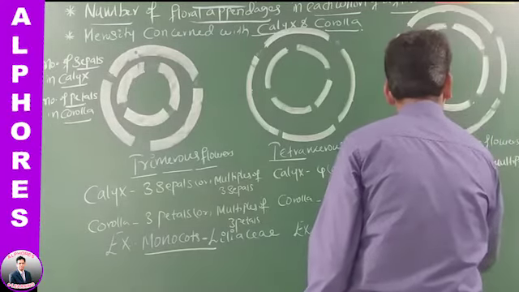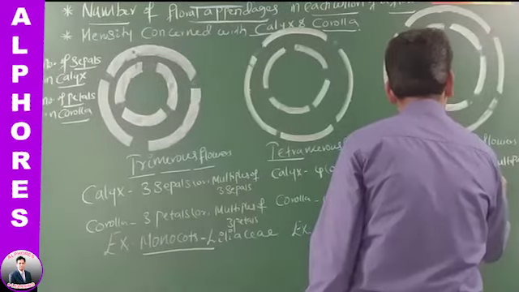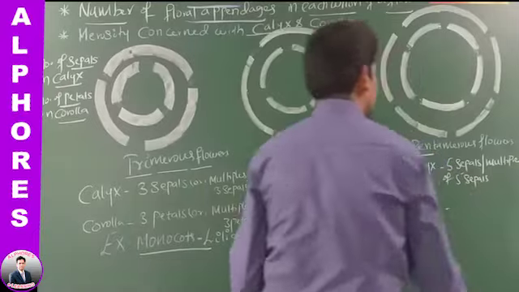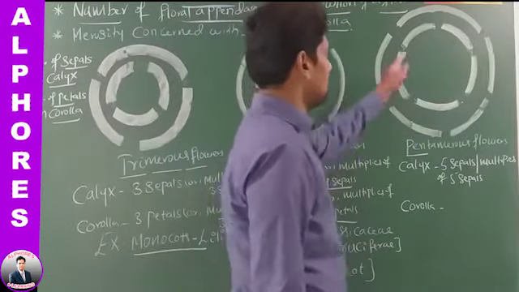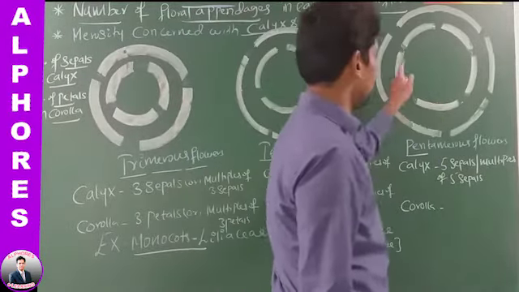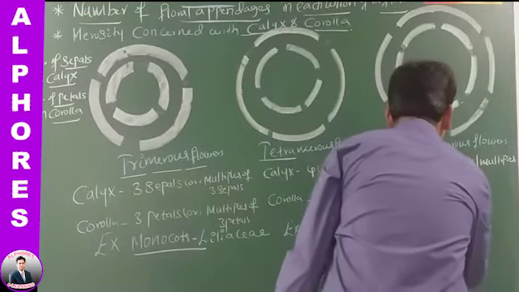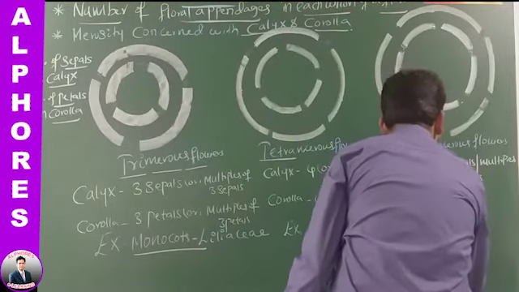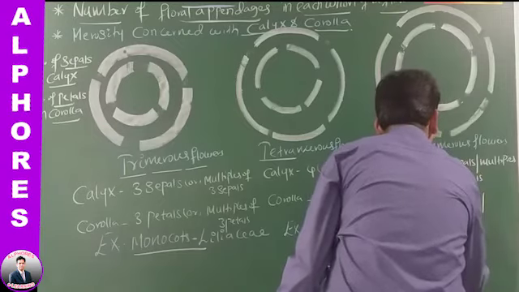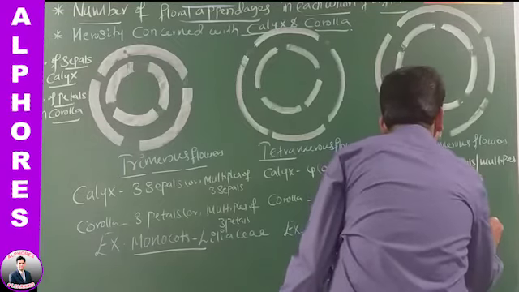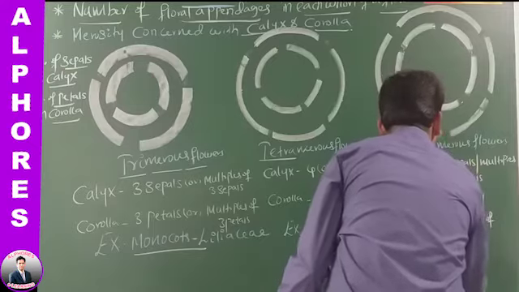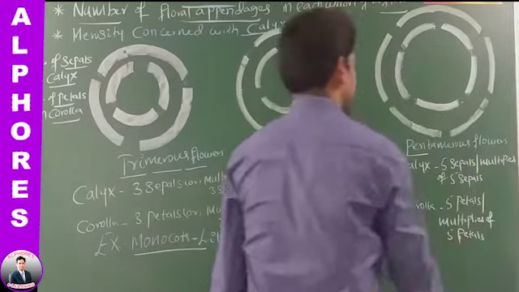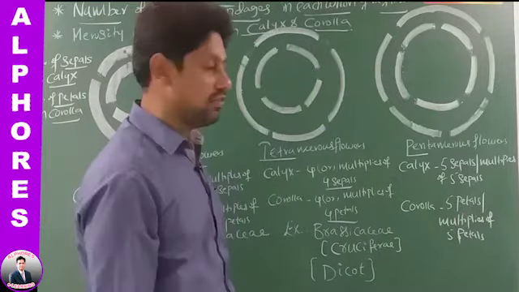Whereas if you take corolla, corolla contains how many petals you see? 1, 2, 3, 4, 5. Yes or no? Right. Therefore, corolla contains 5 petals or multiples of 5 petals.